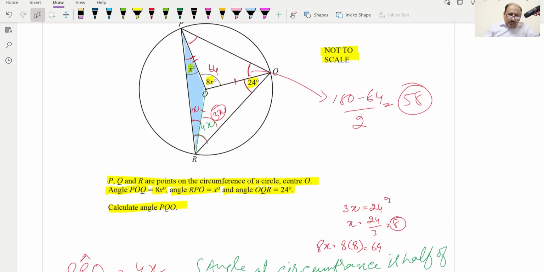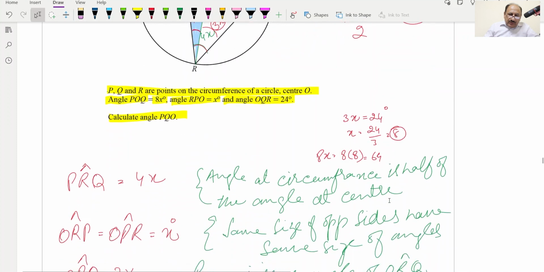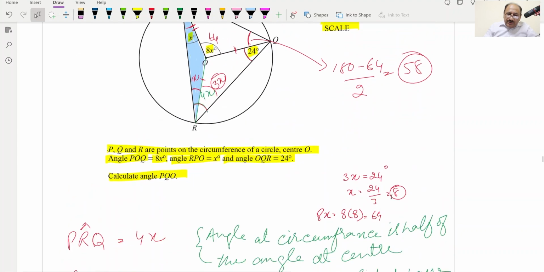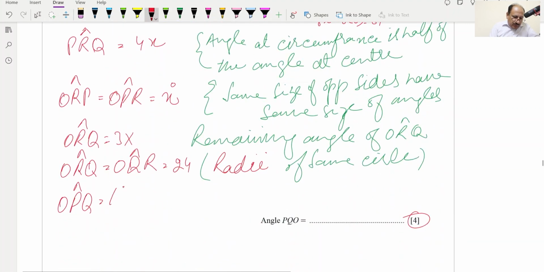Then we can write angle OQP will be equal to 180 minus OPQ. Angle OPQ will be equal to 180 minus 64 by 2, which is equal to 58.